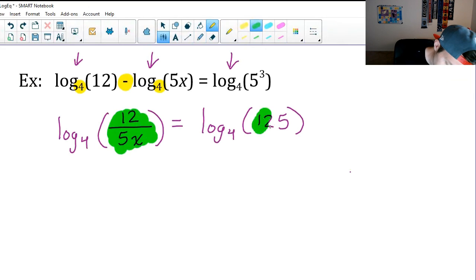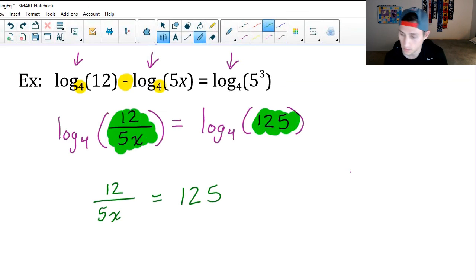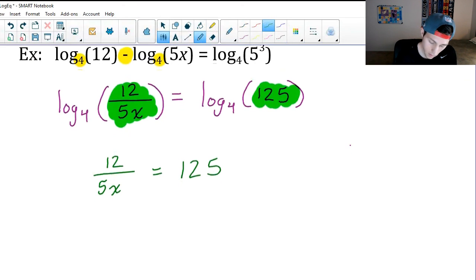Let's look at just the stuff on the inside and set that equal to each other. 12 over 5x equals 125. And we solve. So multiply 5x on both sides. So 12 equals 625 times x.